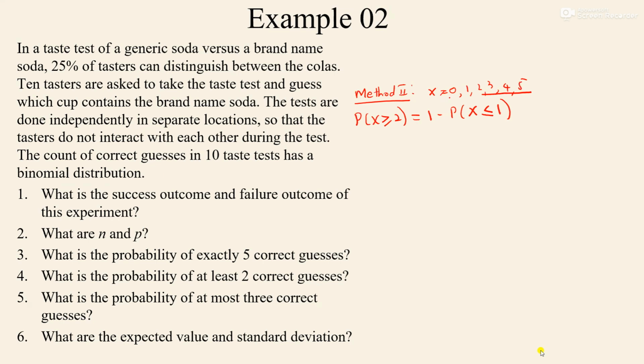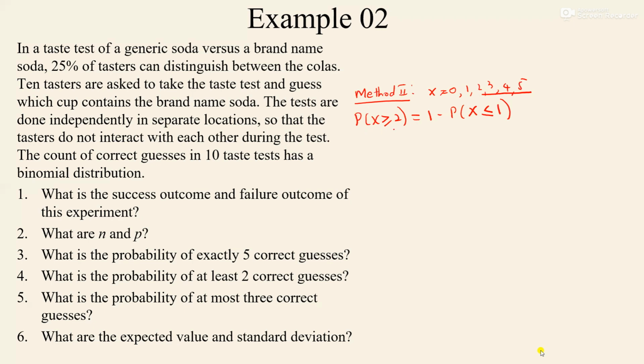So when you are adding probability of x equal to 0 plus x equal to 1 plus x equal to 2 plus x equals 3 plus x equals 4 plus x equals 5, that will be 1. So from the 1, if we deduct these 2 probabilities, then you will get the probability for this one. So this is inverse method.